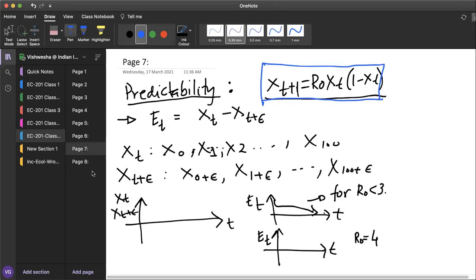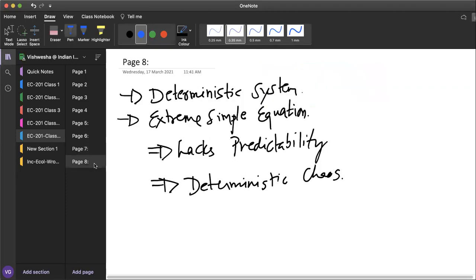The same implication that holds for weather, if these kinds of models are true, will also be applicable for biological systems. Now, this also presents a very hopeless scenario for modelers, right? As a modeler, you have made the statement that even if your biological system is extremely simple, hey, look, you can never make any predictions.